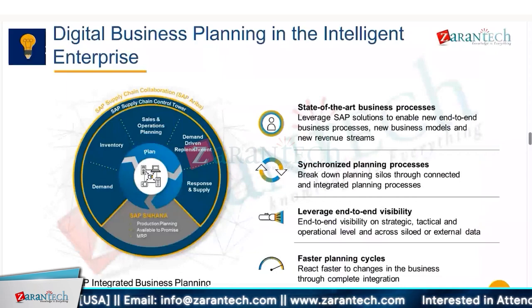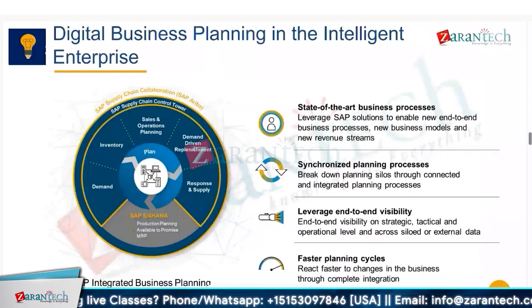Demand-driven MRP is nothing but creating the requirement based on customer demand. So if the customer demand is flexible, then the supply availability is also flexible, and your supply chain is flexed to reduce the plan. That inbuilt flexibility needs to be built into the process. Then the next one is response and supply.